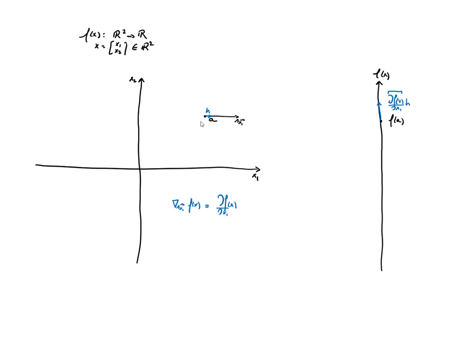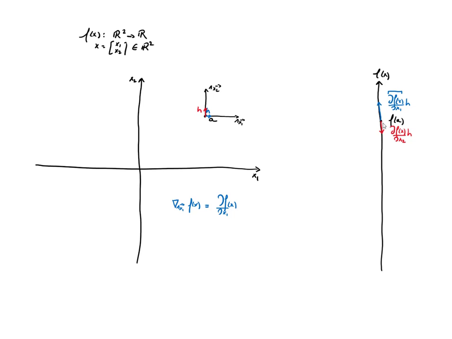Of course, what we have done, we can do it in the direction x2, right? So here we have a unit vector in the direction x2. We'll take a small step h in this direction, and this will also produce a change in f of x, and we'll assume this time that it is negative, right? And this one over here is the partial derivative of f with respect to x2 times h, right?